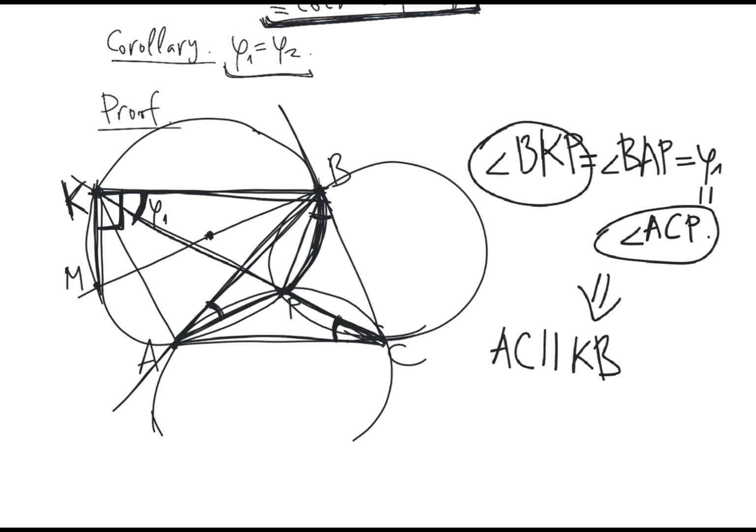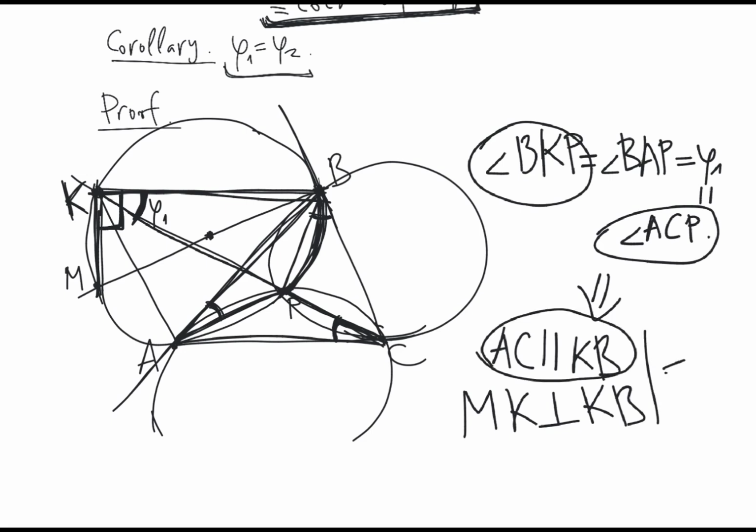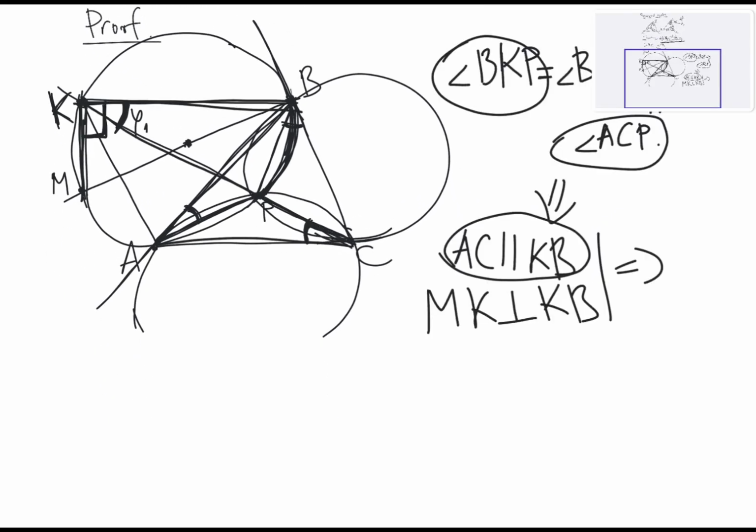So MK is perpendicular to KB, but because AC is parallel to KB, we conclude that MK is also perpendicular to AC.